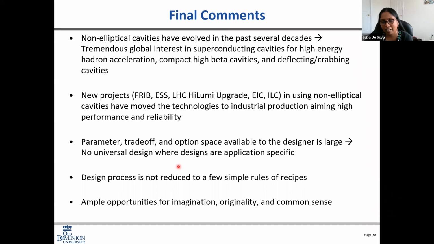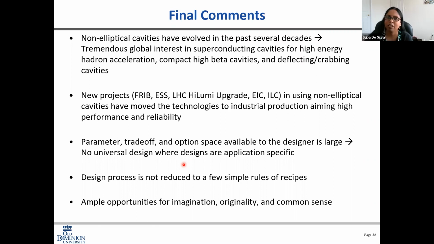If you use the same beta that you define for designing the half-wave or the spoke, these E-peak or B-peak field ratios are not going to be good in elliptical cavities, right? So at low beta, you still get good performance out of these types of cavities than you can get out of a simple elliptical cavity.